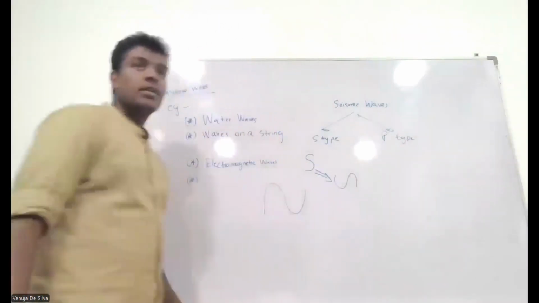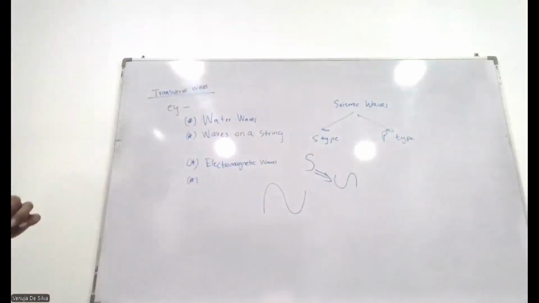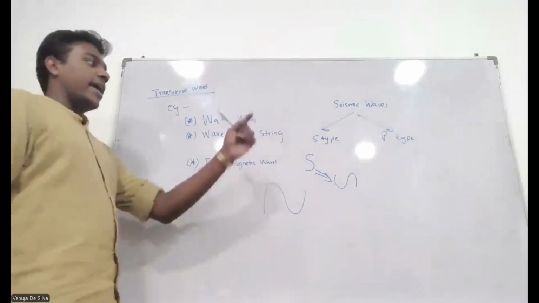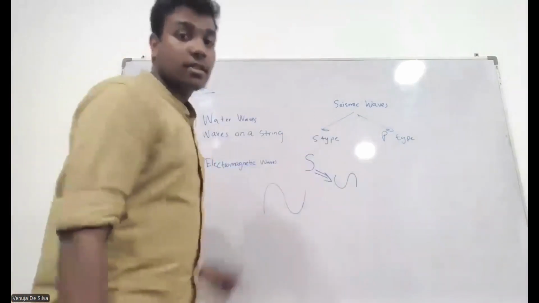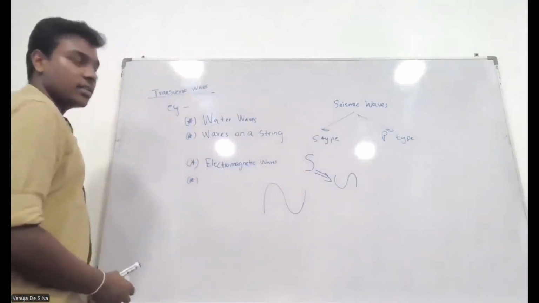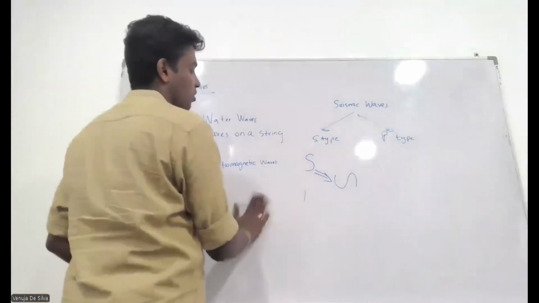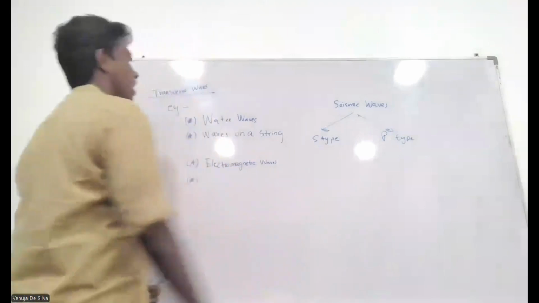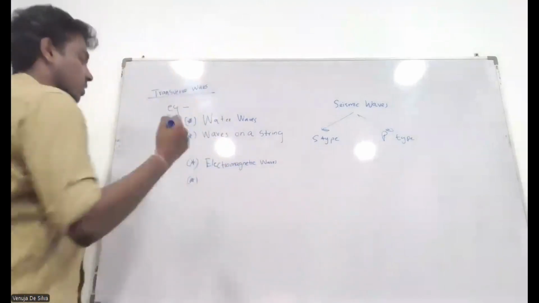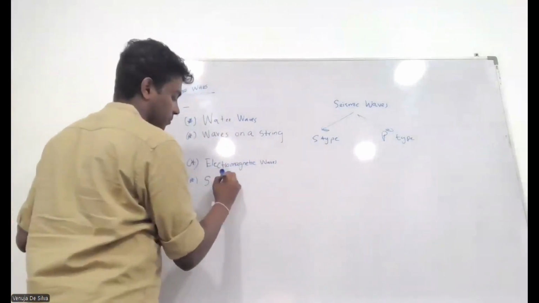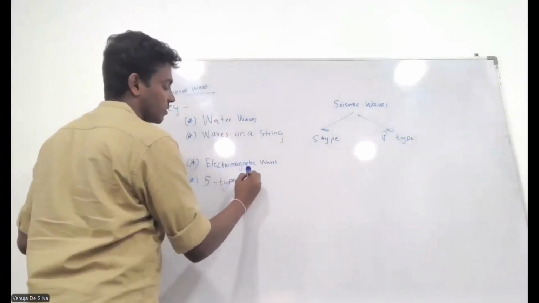After flipping. Then you have to understand and remember, S-type seismic waves are transverse waves. Got it? So therefore we can say another example of a transverse wave is S-type seismic waves.